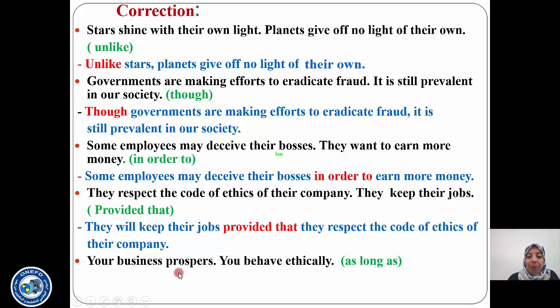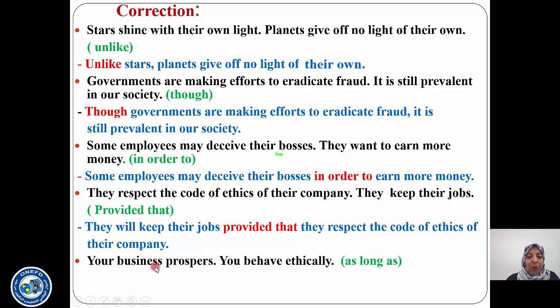So, your business prospers, you behave ethically, again, as long as expresses condition. Okay? It's exactly the same as provided that or providing that or as long as, so long as, all these are the same, express the same function. So which one is the condition here?